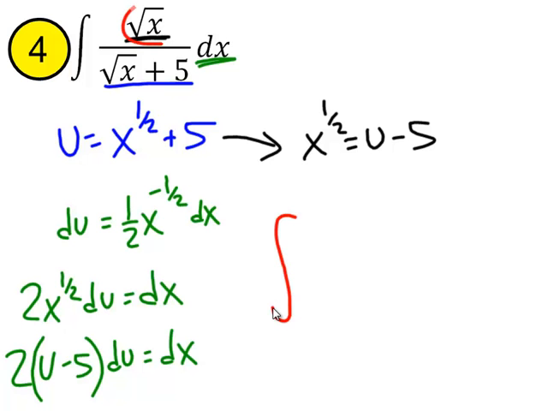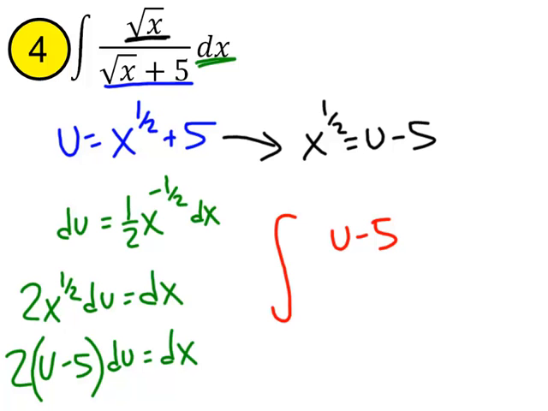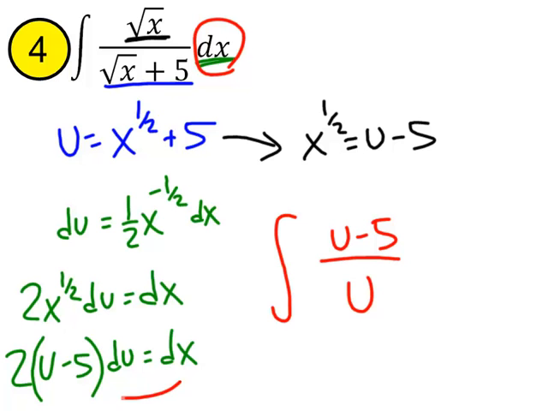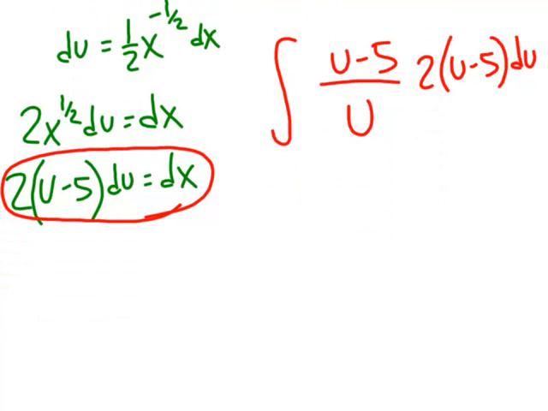That root x up there we'll replace with a u minus 5 here. The root x plus 5, that's going to be replaced with the u. And this dx is going to be replaced with the 2 quantity u minus 5 du. So there is our U-substituted integral.